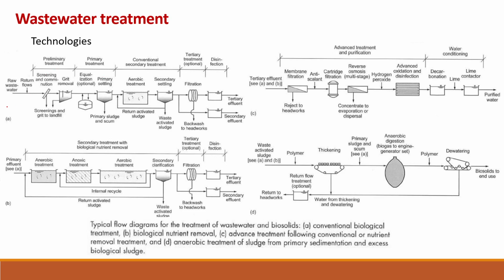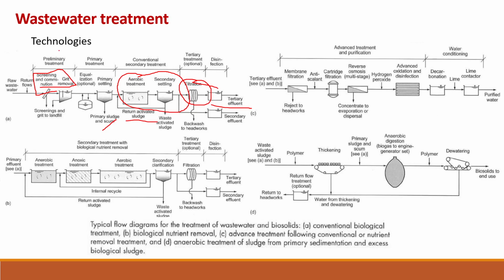You have raw wastewater which goes to screening, comminutors and grit removal. This is your primary treatment. Then you have a primary settler, and this combines with your secondary treatment. Secondary treatment uses an activated sludge process. Then in tertiary treatment, there is filtration, which is optional. Finally, disinfection, and we have the treated effluent.